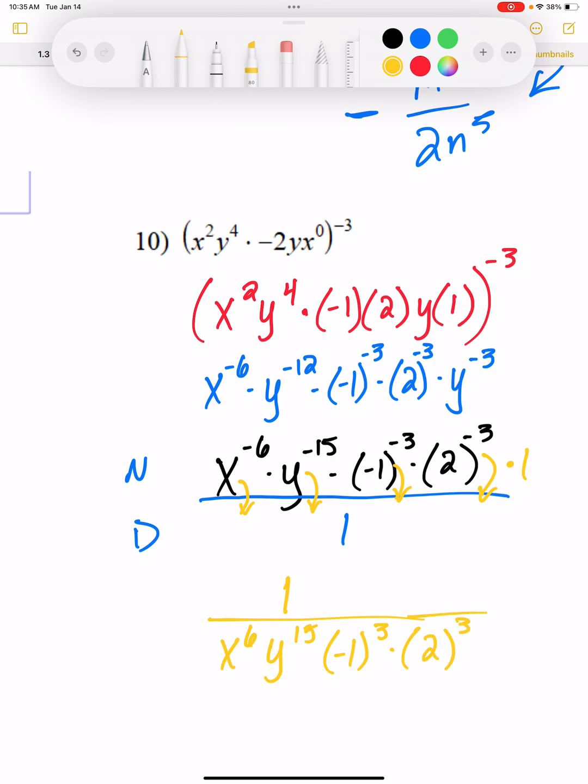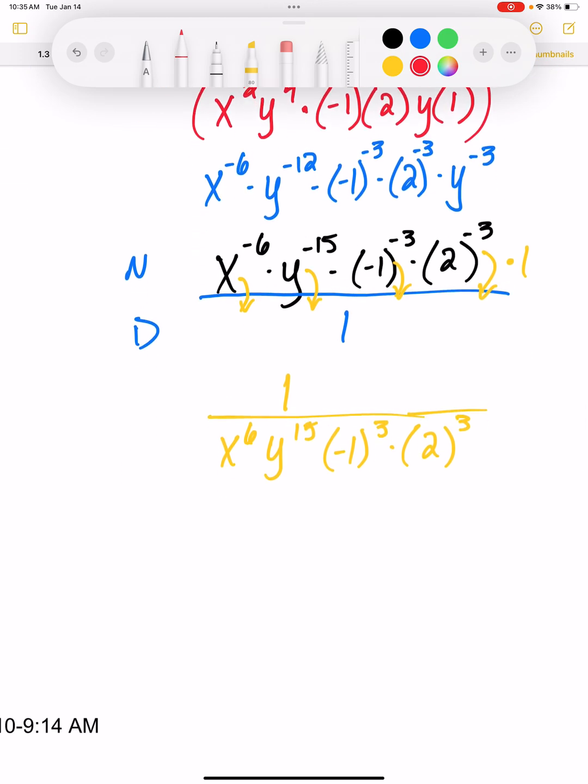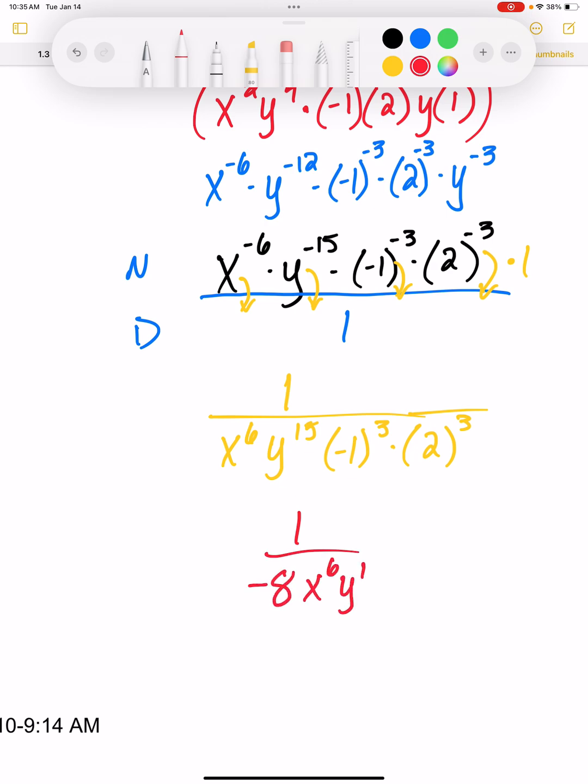All right, we can simplify this a little further. 2 to the third is 8. Negative 1 to the third is negative 1. So this becomes 1 over negative 8, x to the 6th, y to the 15th, and that's your final answer.